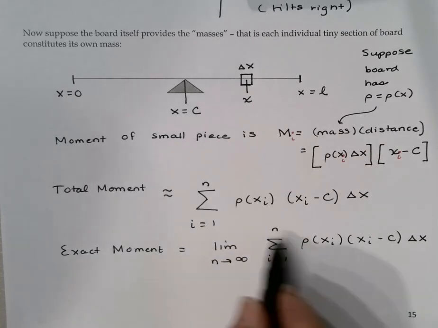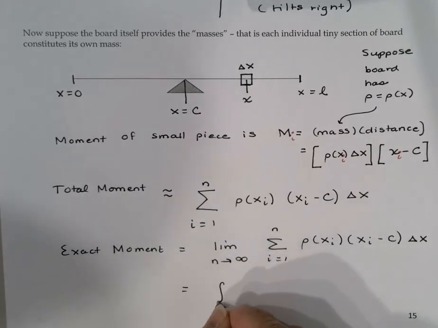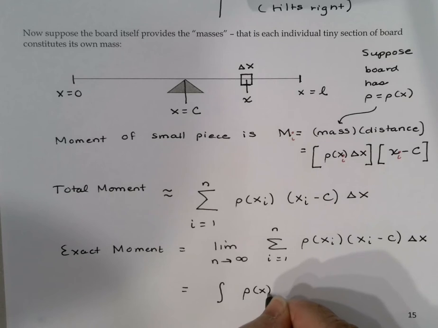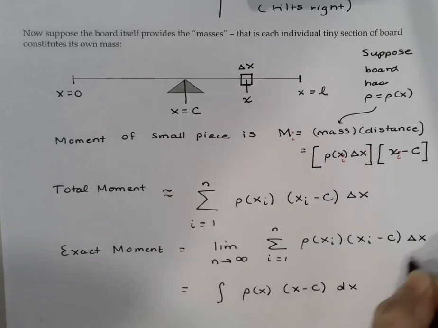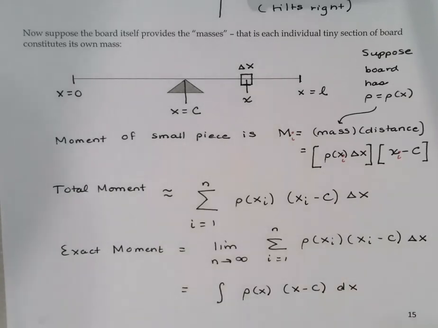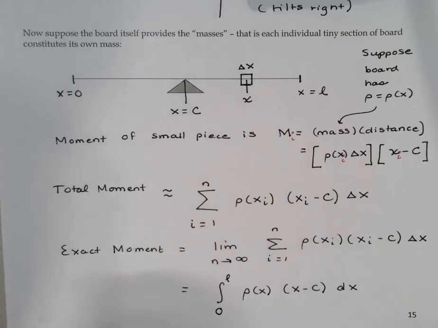And that is the definition of our definite integral. Shrinking my delta x infinitesimally small so it becomes a dx, and integrating over the whole length of the board from 0 to L. And that becomes the moment of the entire board.